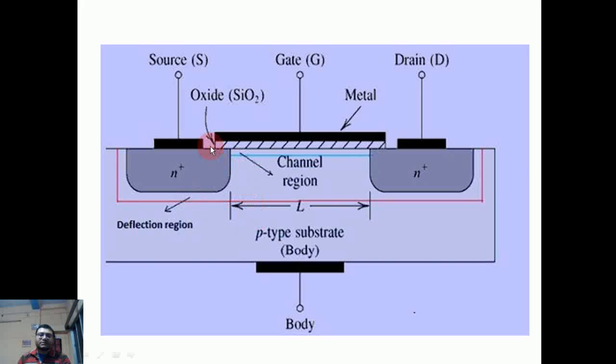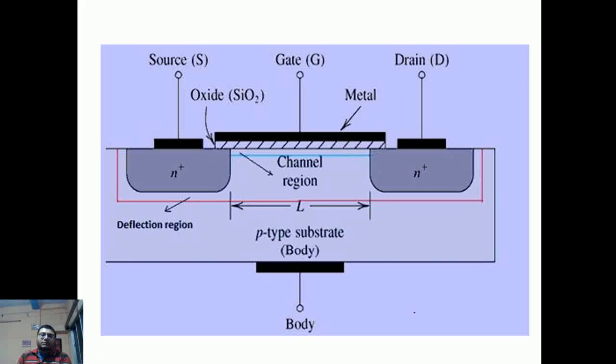This insulator also plays a capacitive role, that means it acts as a dielectric and forms the n-type channel under the gate.